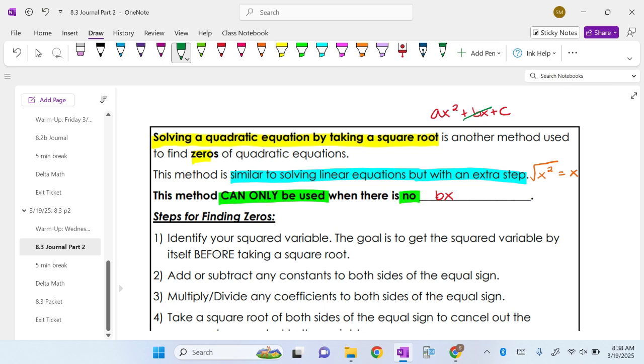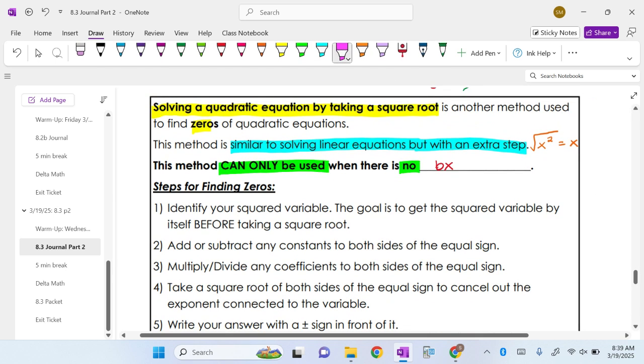So you can't already have an x value in there. You can only have an x squared and a constant. So it should look like ax squared plus c. That's what you're looking for if you want to use the square root method. If it has an x already in there, not just an x squared, then you can't use this method. All right.